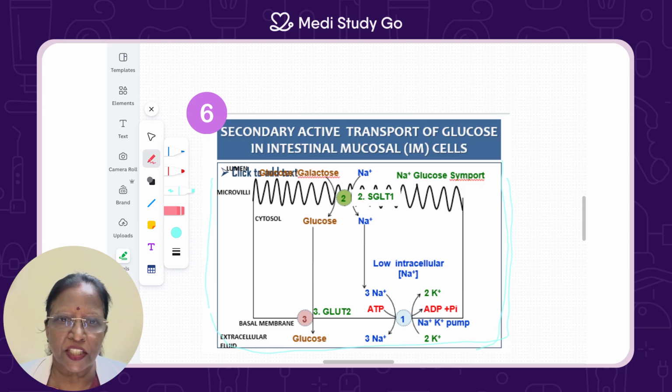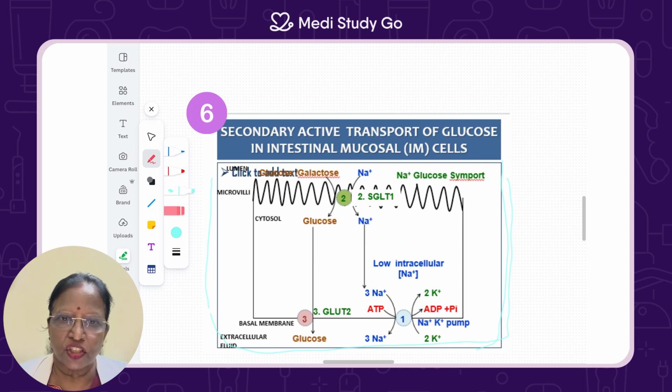The sodium-potassium pump takes 3 sodiums from inside the cell to outside and 2 potassiums from outside the cell to inside, that is, both of them against concentration gradient. ECF major cation is sodium, intracellular major cation is potassium.